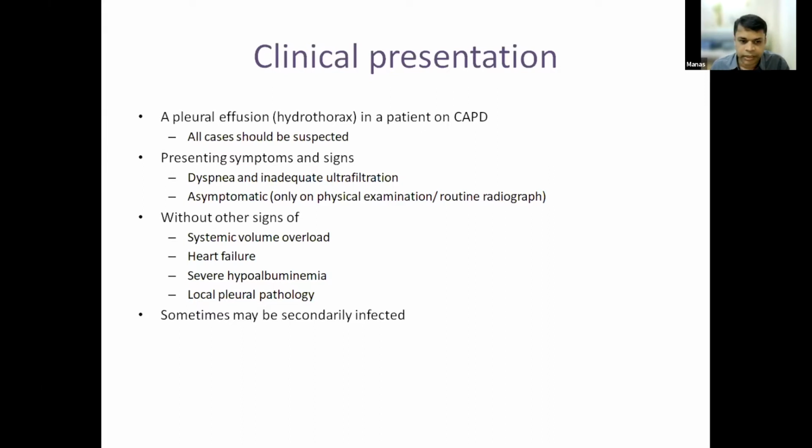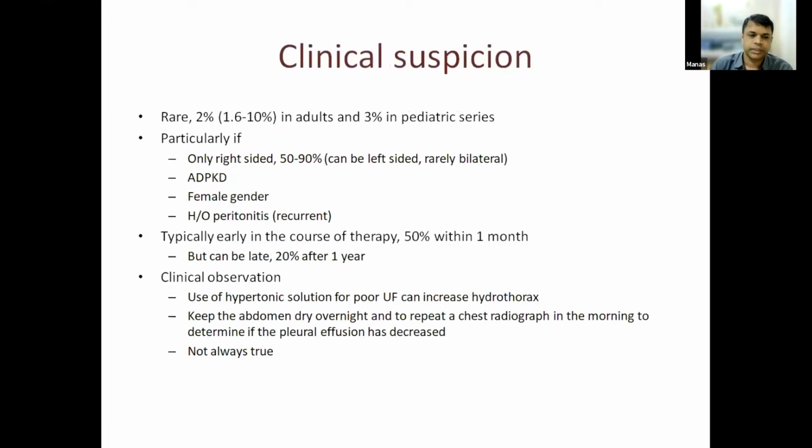Patients have relatively well preserved albumin levels, and there was no other pleural pathology. We have to understand that in some cases, especially in our case series, 2 of our patients had an infected pleural effusion, which later turned out to be CAPD-related hydrothorax.